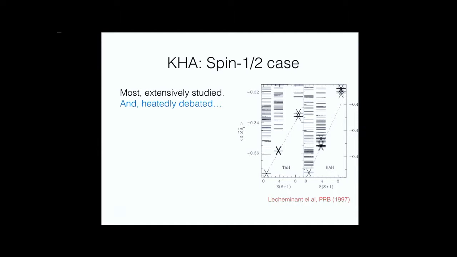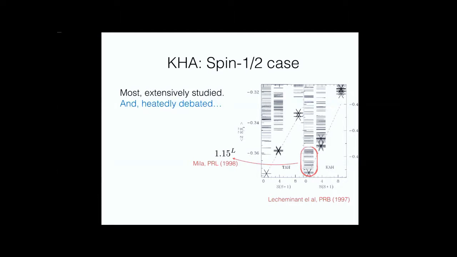In fact, one of the earliest serious computation on spin half Kagome antiferromagnet was done by a French group, and the interesting aspect of this calculation is that there are, even on a finite cluster, so this is the difference between triangular lattice antiferromagnet and Kagome lattice antiferromagnet.